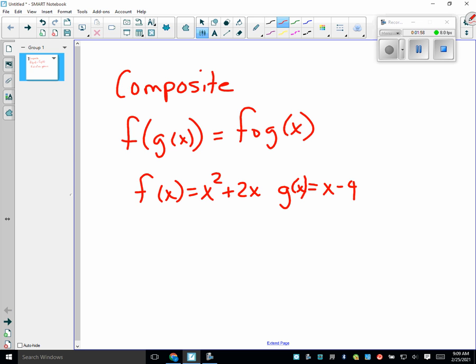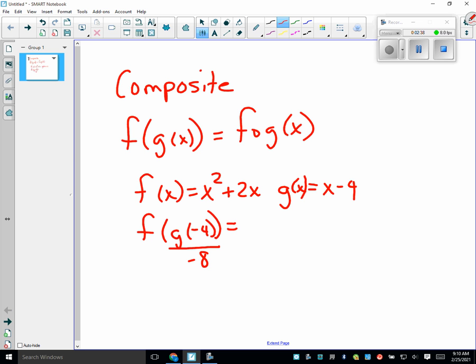If I ask you to find f of g of negative 4, isn't the negative 4 with the g? So I plug negative 4 in g, take that answer and plug in f, correct? Yes. So what is g of negative 4? Negative 8. This is negative 8, so then I want f of negative 8.